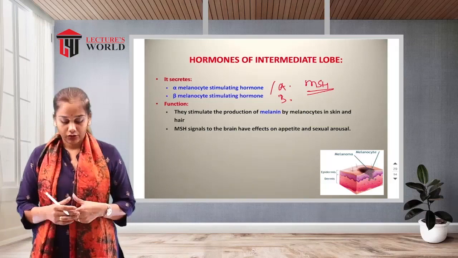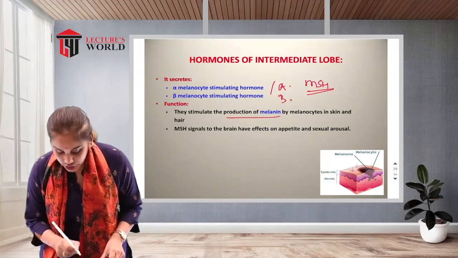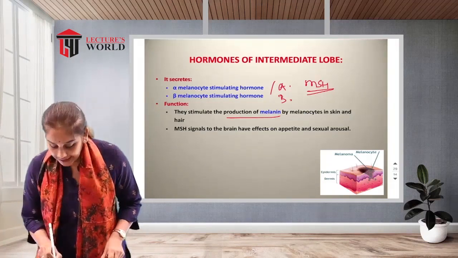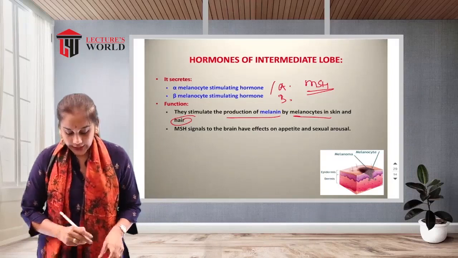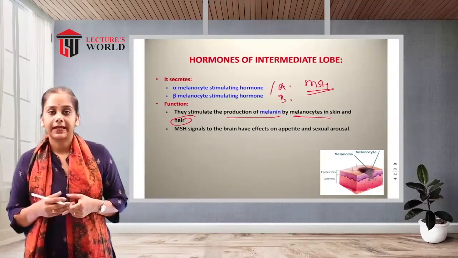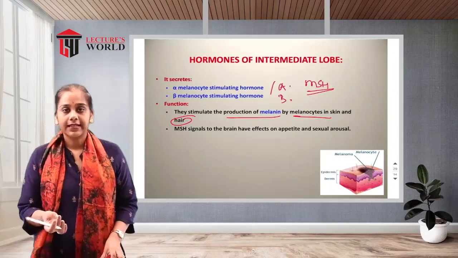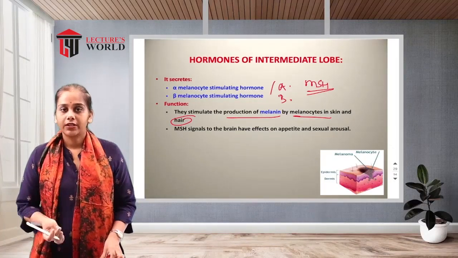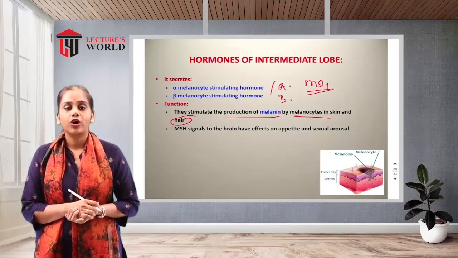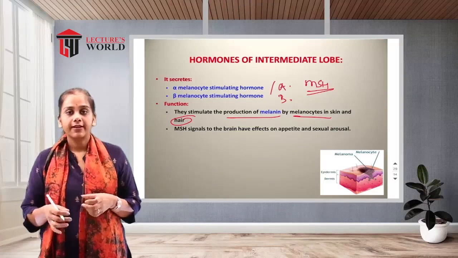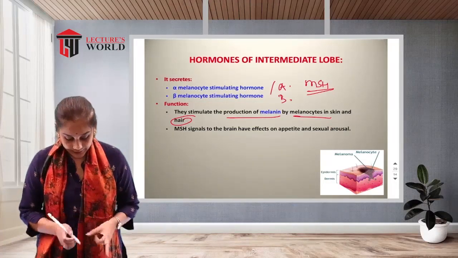The function of these hormones is to stimulate the production of melanin by the melanocytes in the skin and the hair. Melanin is helpful for skin color, so melanin production occurs because of the melanocyte stimulating hormone.